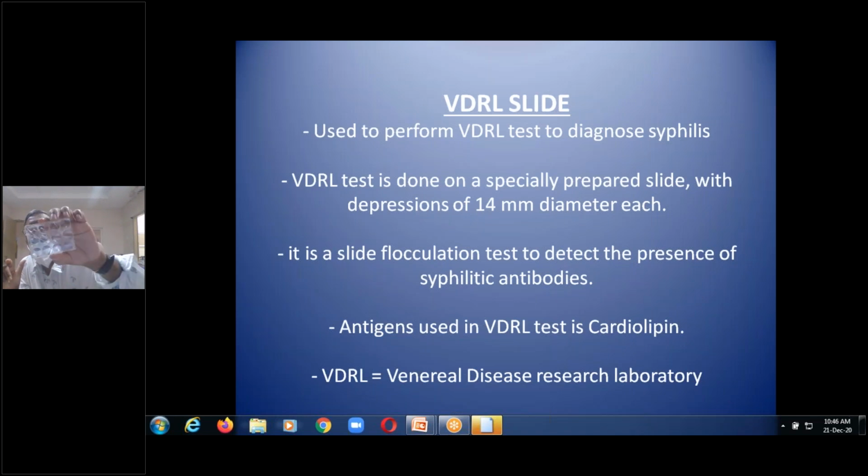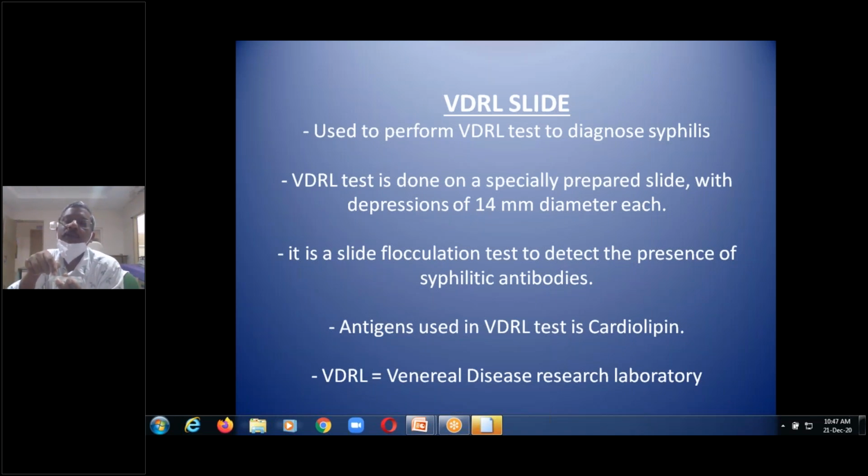Each depression is for one test, for antigen antibody mixing. First we have to put the cardiolipin antigen and one drop of patient serum, from a suspected syphilis patient. We mix it and observe under the low power microscope.